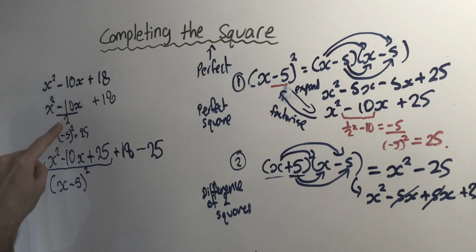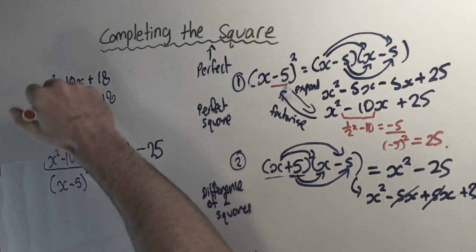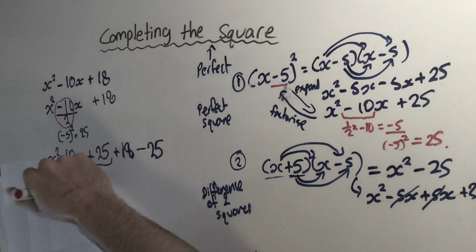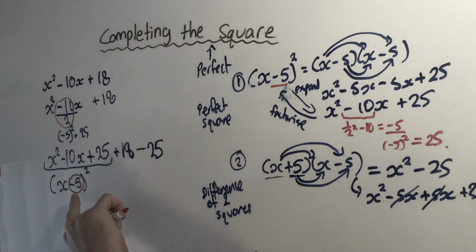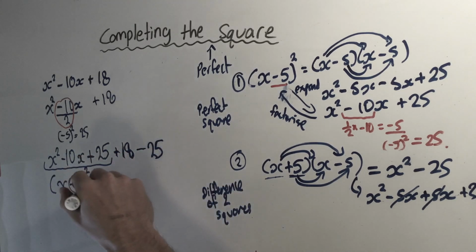X minus 10 over 2 will be the number down here. Okay, I want to make sure that's very clear. I showed you over here the expanded form, but if you didn't have any of that, all you do is grab that, half of that is going to go here, because you know that minus 5 squared is 25. Okay, great. So I get x minus 5 squared, and then I've got plus 18 minus 25, which is minus 7.